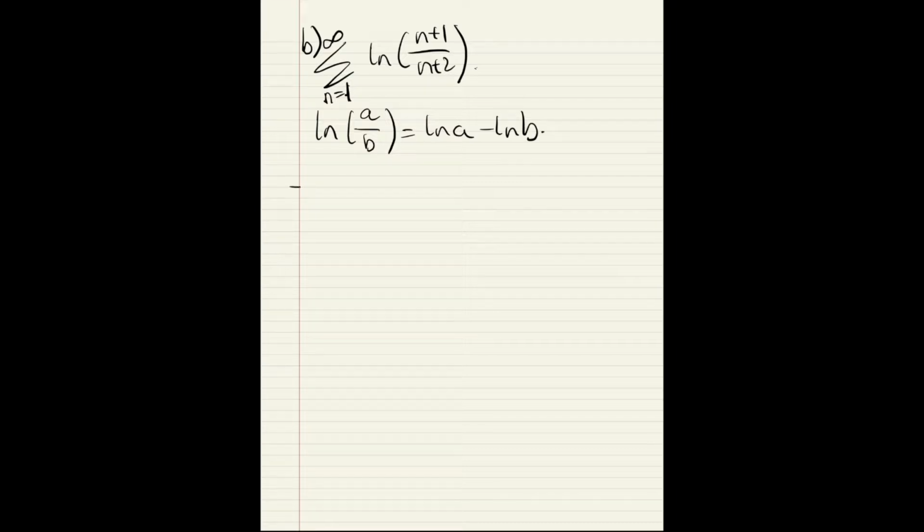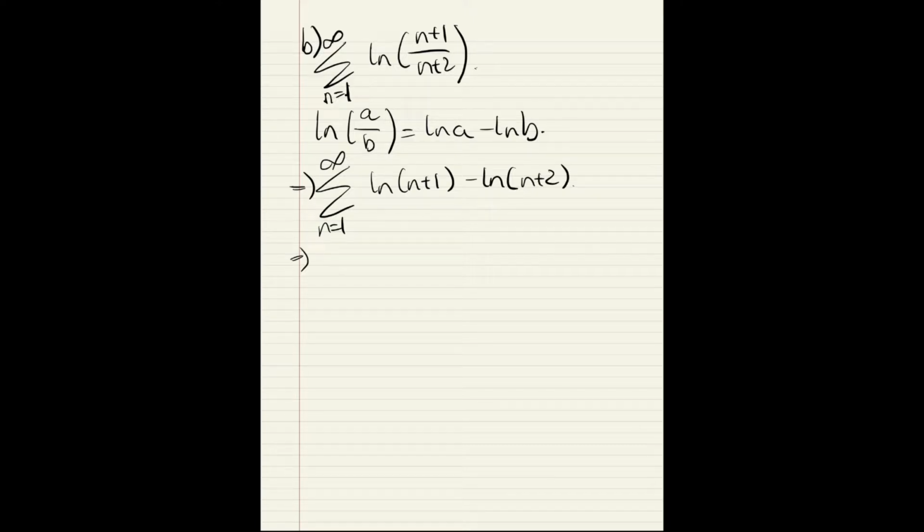For question B, the series from n equals 1 to infinity of the natural log of (n plus 1) over (n plus 2). Use the natural log rule, log of a over b equals log of a minus log of b, so that we have the series of n equals 1 of ln(n plus 1) minus ln(n plus 2).